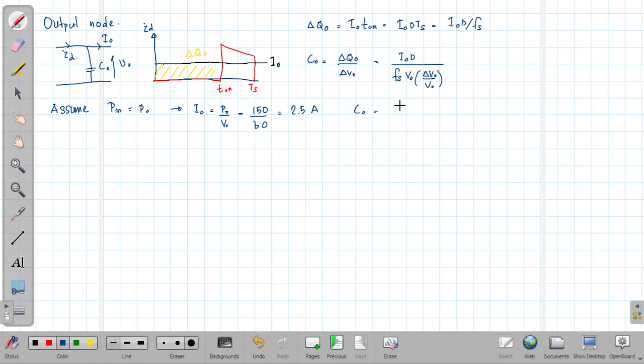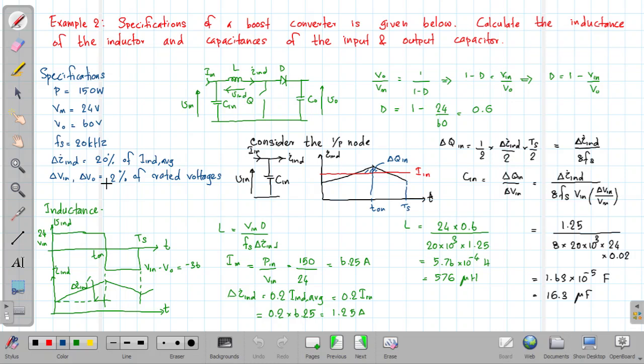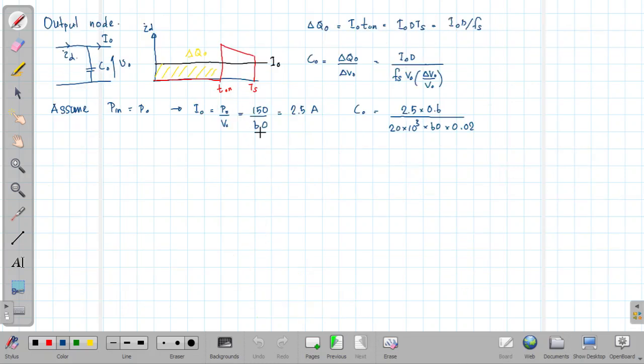Now you can calculate the capacitance. 2.5 times 0.6 divided by 20 times 10 to the power 3, times the voltage 60 and the ripple 0.02. The output voltage is 60, the ripple is 2%, and the power is 150, so we have 150 divided by 60 for the current. So 2.5 times 0.6 divided by 20 times 10 to the 3 times 60 times 0.02 gives 6.25 times 10 to the minus 5 farads, or 62.5 microfarads.